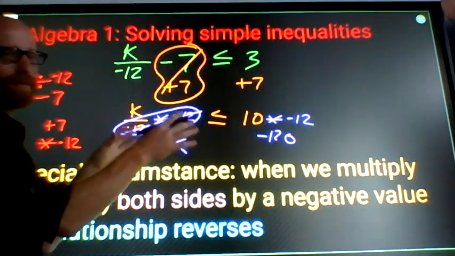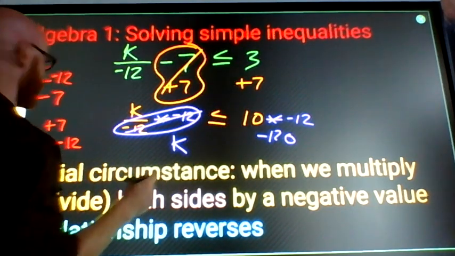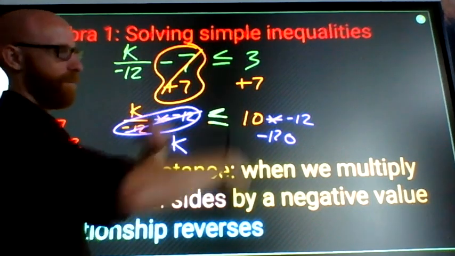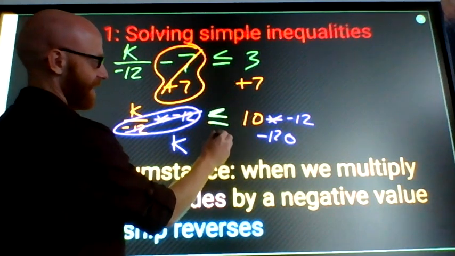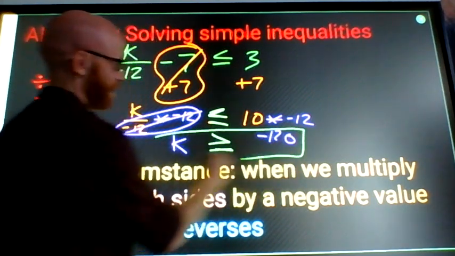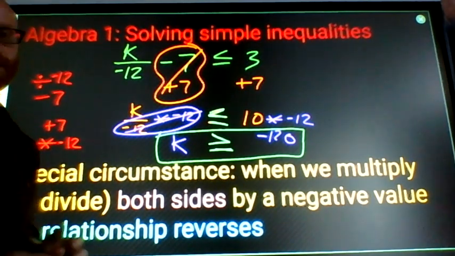Because I'm multiplying both sides by a negative, this symbol needs to flip around. k is not less than or equal to negative 120. k is greater than or equal to negative 120. That's what I mean when I say flip the symbol around.